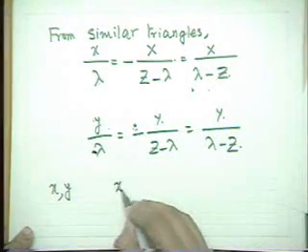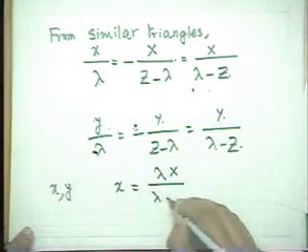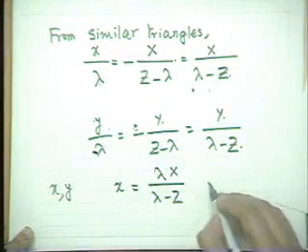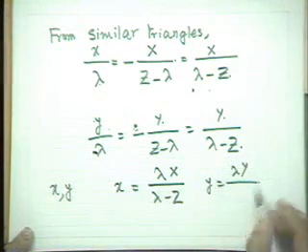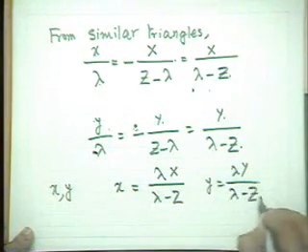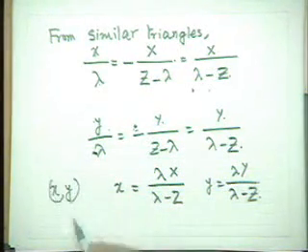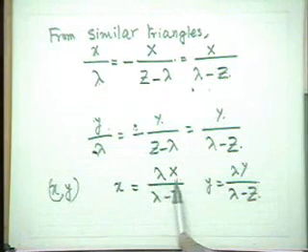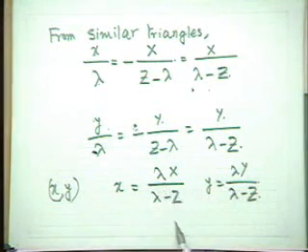So we have x equal to lambda capital X divided by lambda minus Z, and we have y equal to lambda capital Y divided by lambda minus Z. This is small xy written in terms of capital X, capital Y, capital Z, and lambda. Is that clear? Very simple. From similar triangles, this is what we are getting.